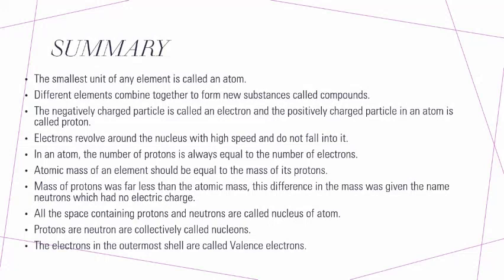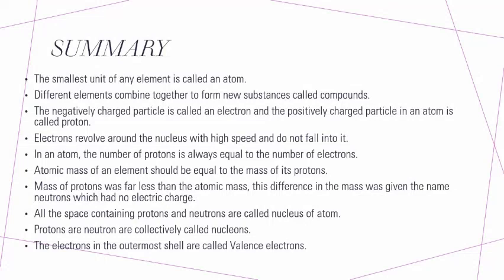The protons and neutrons together are called the nucleus of the atom, and surrounding them are the electrons, which are negatively charged particles, and they revolve around in a spherical path, just like the planets revolve around the sun in the solar system.